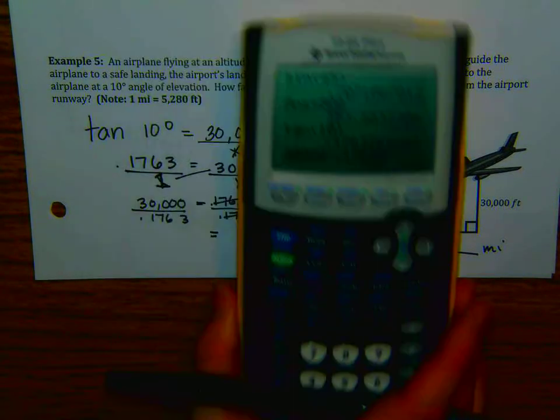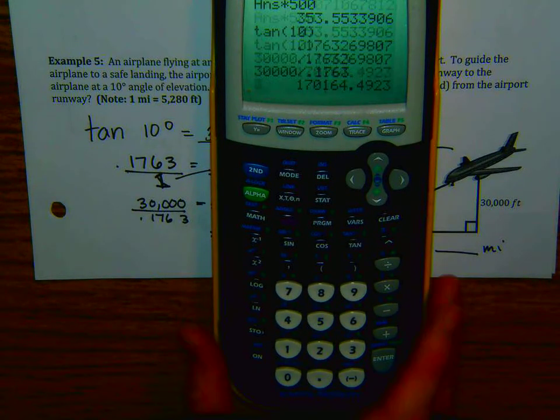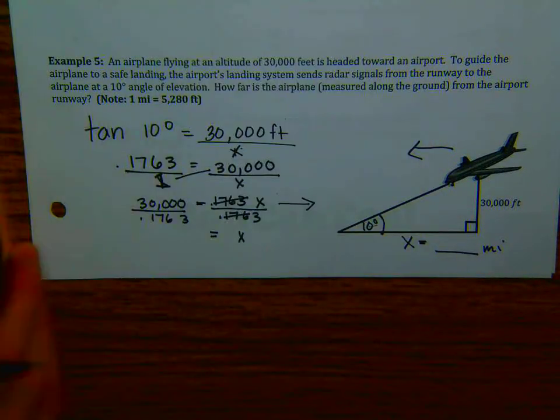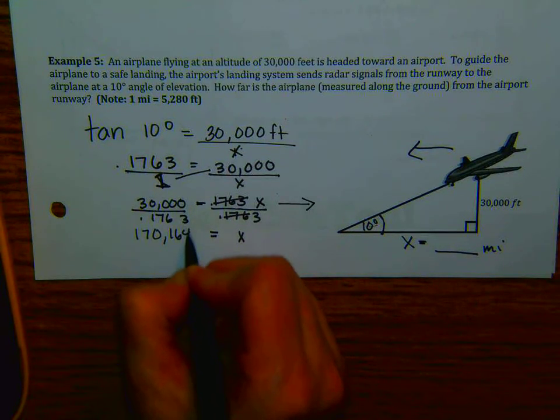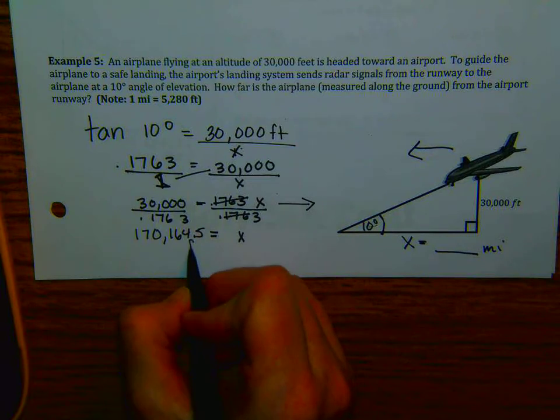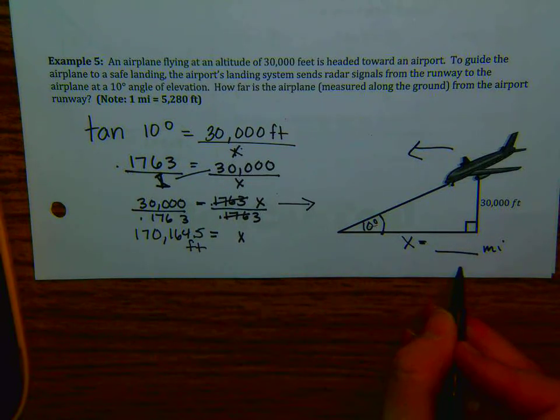You're just dividing that. You get 170,164.5. But that's in what? Feet. I don't want it in feet, I want it in miles, so I have one more step to go. So I have to do a conversion.